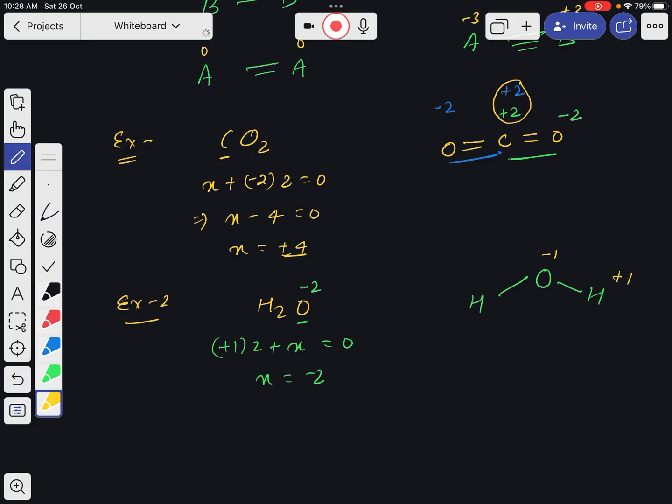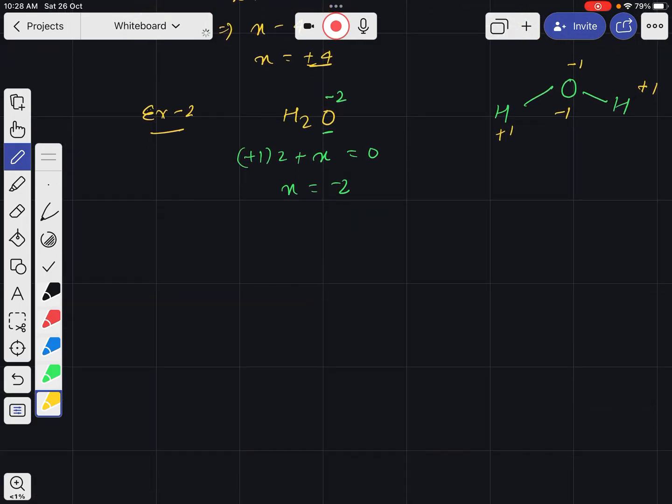Why? Here the electronegativity of oxygen is high and the electronegativity of hydrogen is low. In this case, hydrogen and oxygen, the electronegativity of hydrogen is low, oxygen is high, so oxygen gets -2.